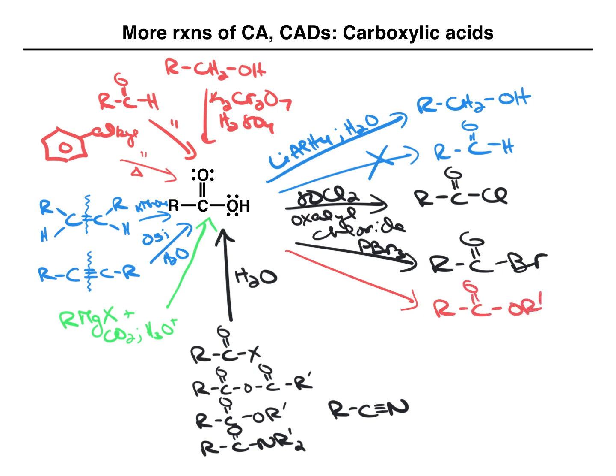The most common way would be a Fischer esterification, where we use an alcohol and H+, or we could treat the carboxylic acid with base to convert the carboxylic acid into a carboxylate nucleophile, and then treat it with an alkyl halide to do an SN2 substitution.